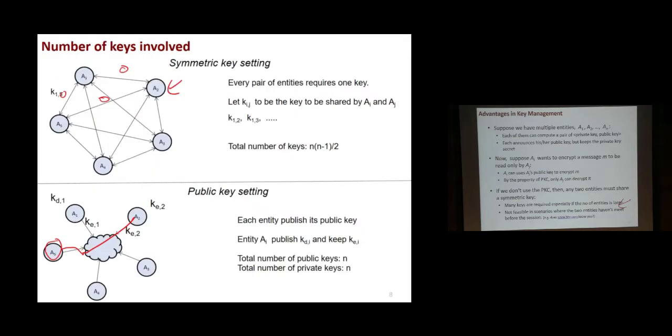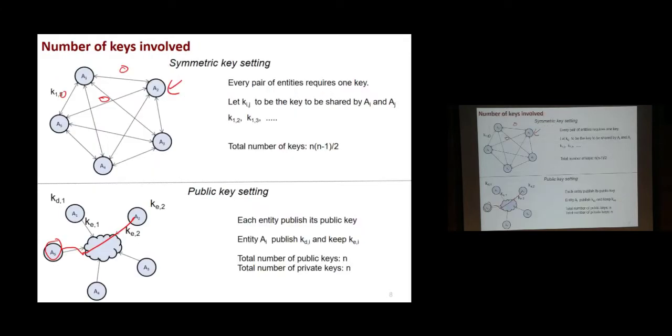For example, now we have 5 persons who publish their public keys, and another person decides to come in. He can join the system anytime, get the public key, and then send to A2.